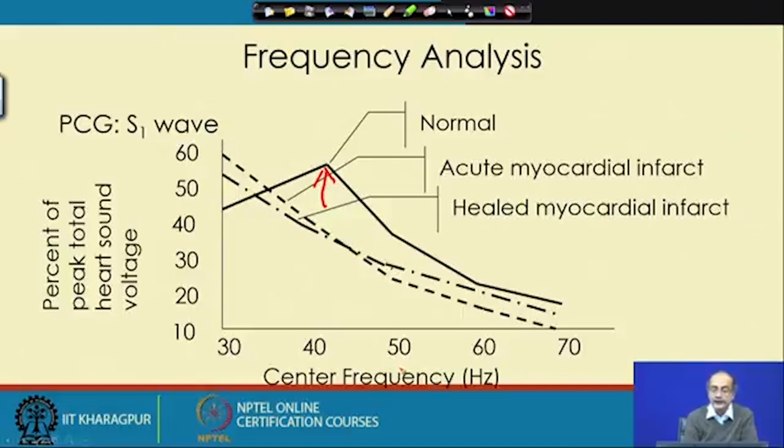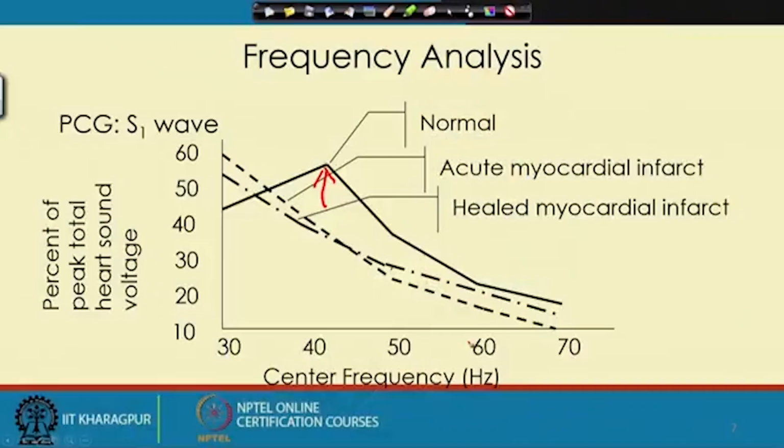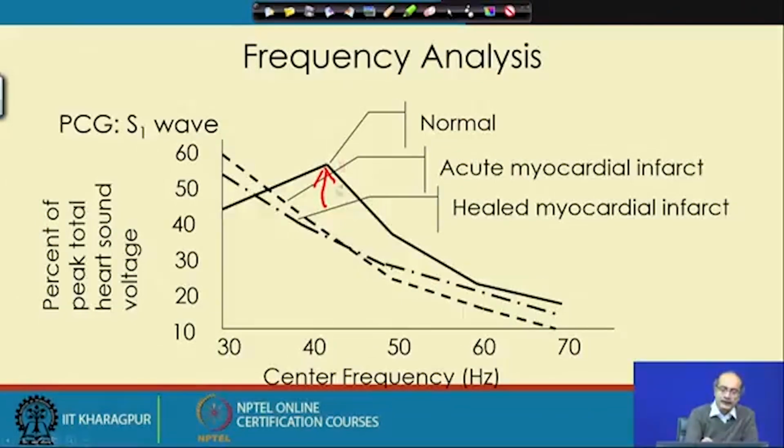But if there is any abnormality in the heart, which changes the characteristics of the tissues, especially the muscles there, we have a change in the spectral characteristics. The power at the 40 hertz band subsides, and we get an increase in the lower band.